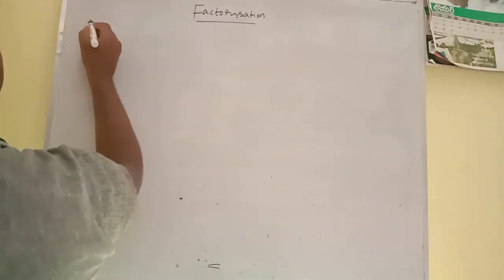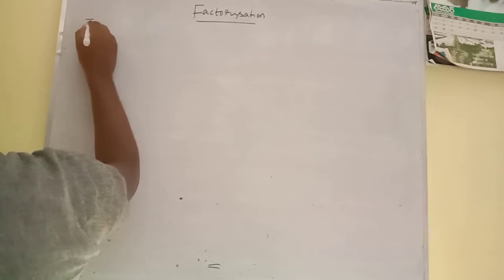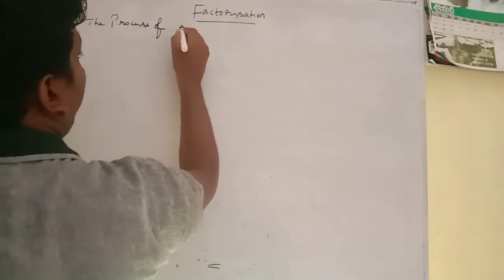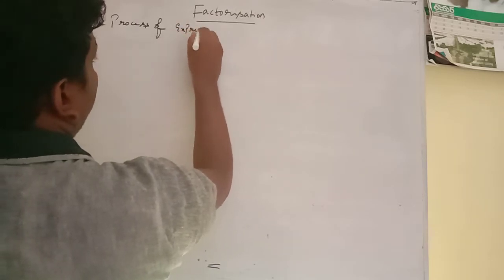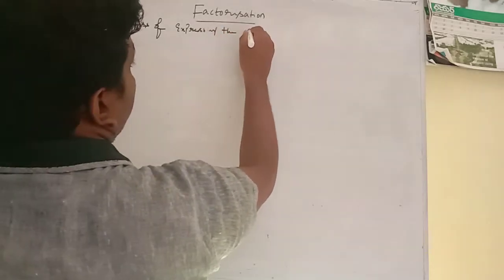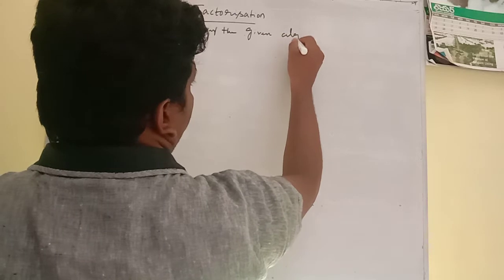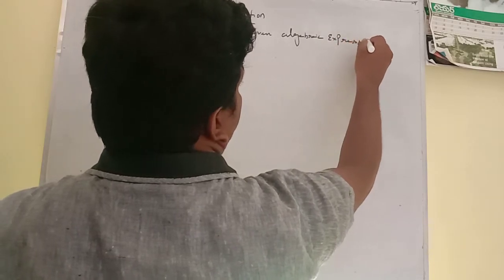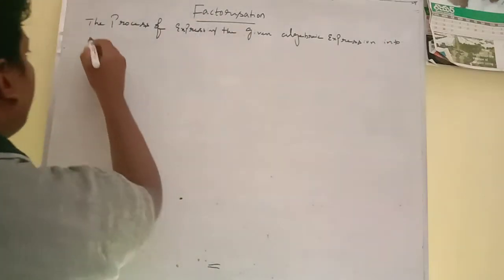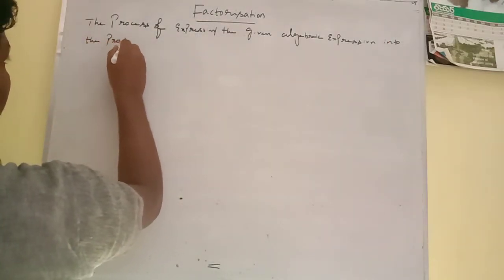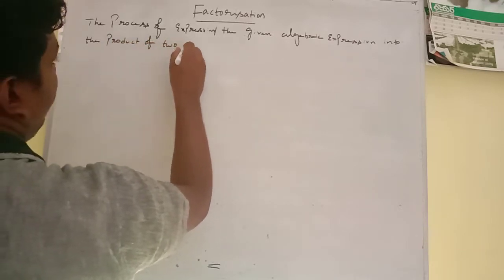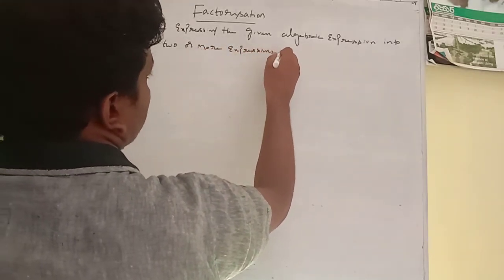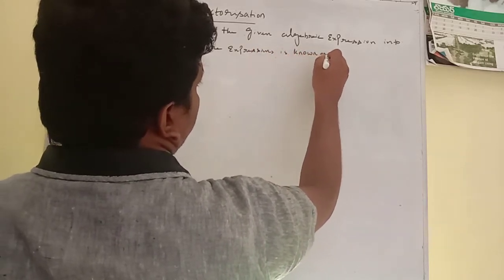That means the process of expressing the given algebraic expression into the product of two or more expressions is known as factorization.